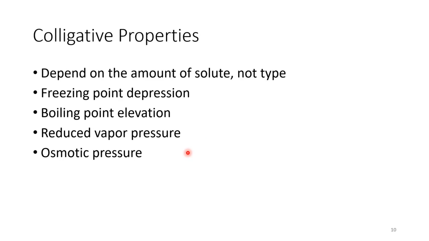And then we're going to talk about osmotic pressure. And osmotic pressure is related to concentration. So the higher the concentration, the higher the osmotic pressure, but it has to do with properties that go along with osmosis, and those will be dealt with in future videos.